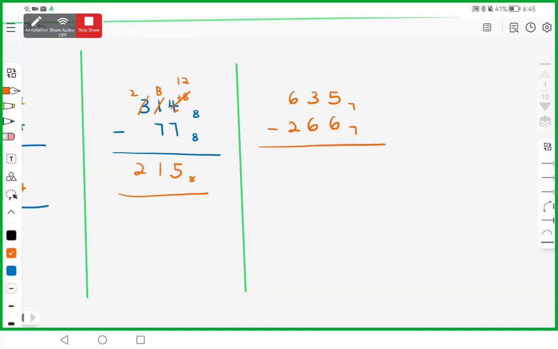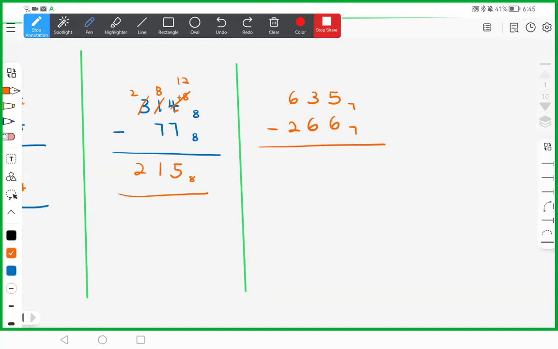Okay, so your turn. Yes, you got it, you got it.